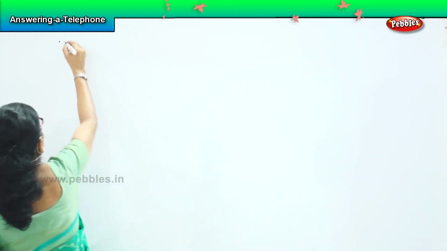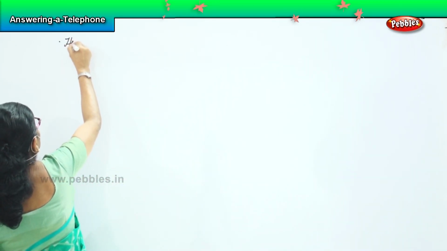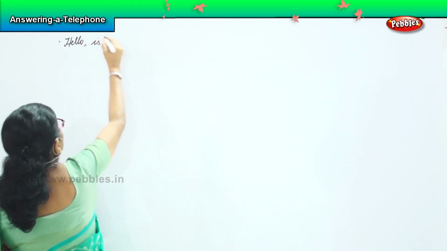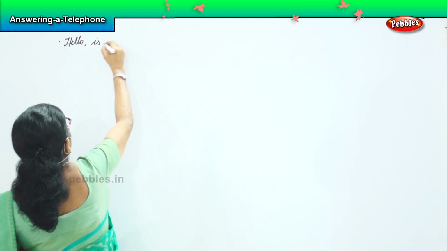So here is Amy at the office taking the telephone. Hello, is this Suntech? I'm John. So here is Amy taking the call. John is making an inquiry, okay?